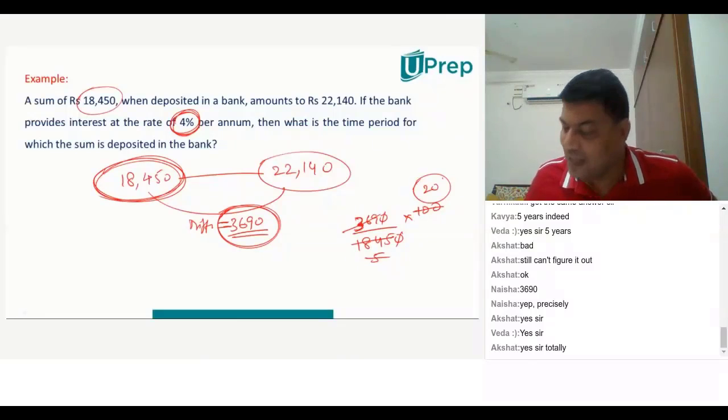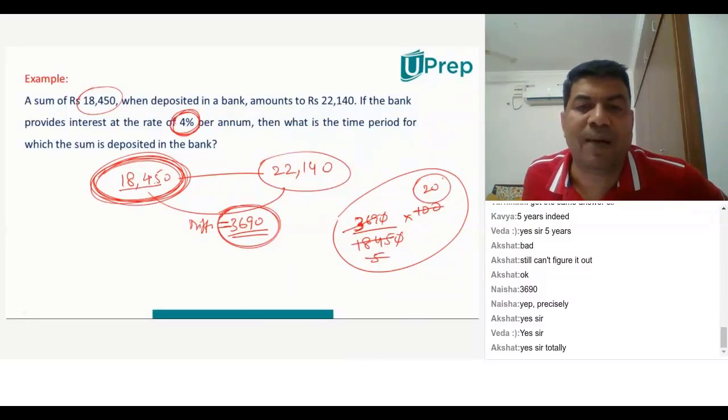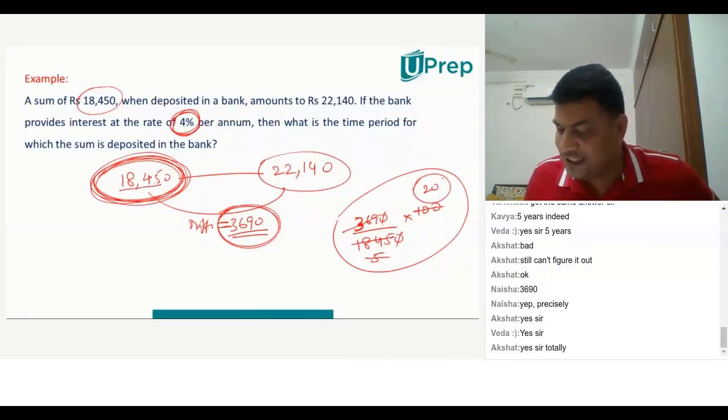I can clearly see that. I need not even write this step. If you are smart, you can see 10% of 18,450 is 1845. 1845, double it, you get 3690. You can see the interest that you're earning is 20%.